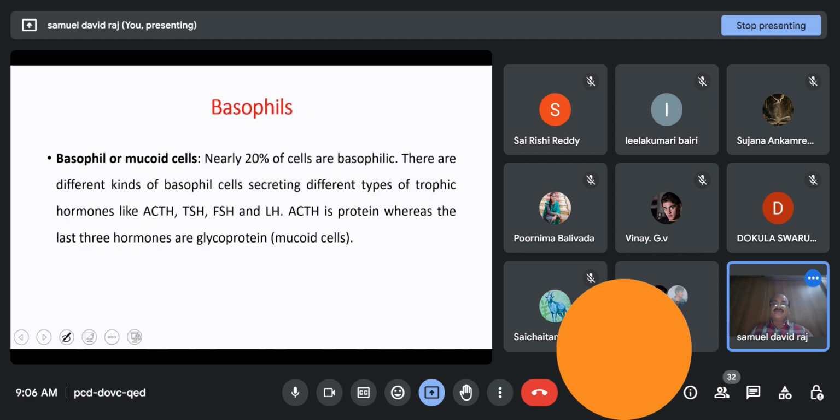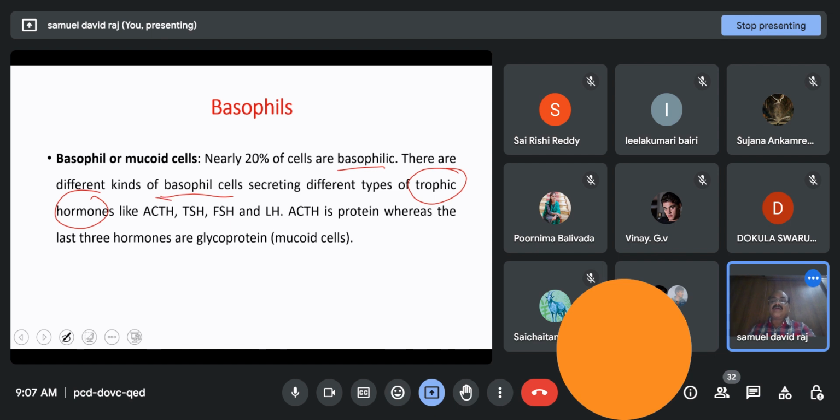Coming to the basophils or mucoid cells. Nearly 20% of cells are said to be basophilic, and these are different kinds of basophil cells which secrete different types of trophic hormones only.